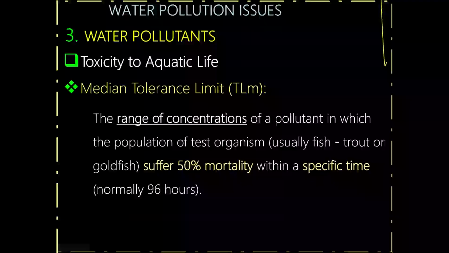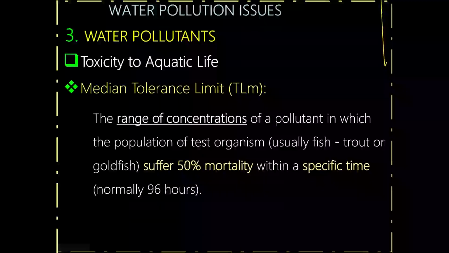The toxicity to aquatic life. We need to understand that water used in the mine or industries can have an effect on human health, as well as on the aquatic ecosystem. Now, if it has an effect on the aquatic ecosystem, how do we measure it?